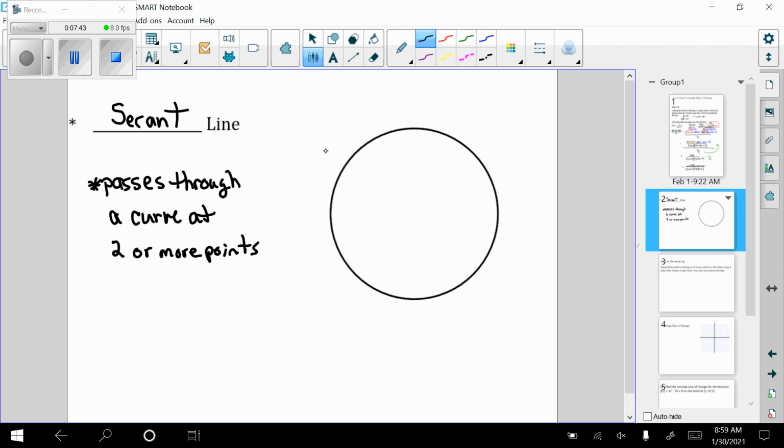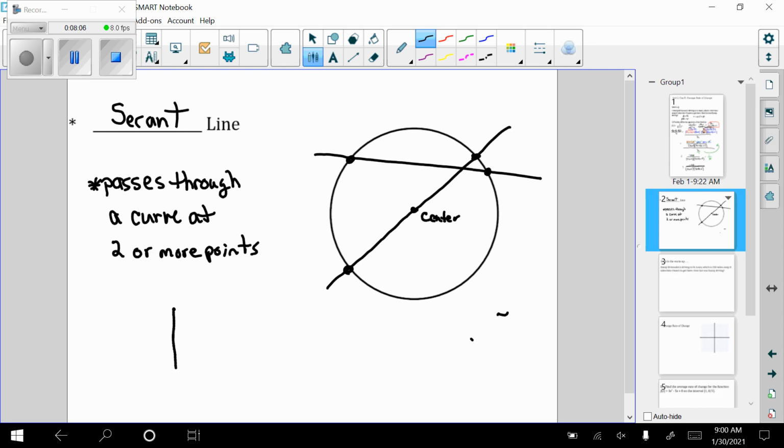For a circle, I can have my secant line that passes through these 2 points right here. I could have a secant line that's an actual diameter if this point is the center. On a circle, it looks like that.